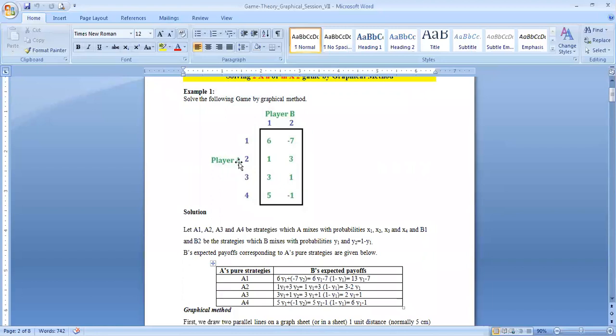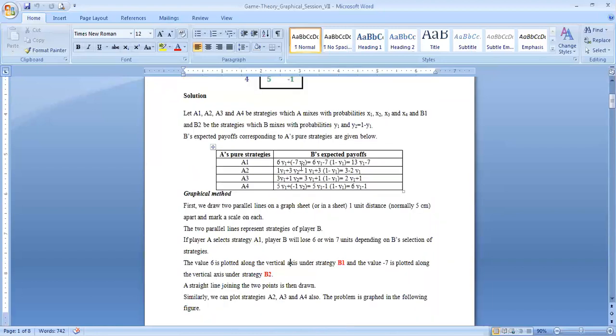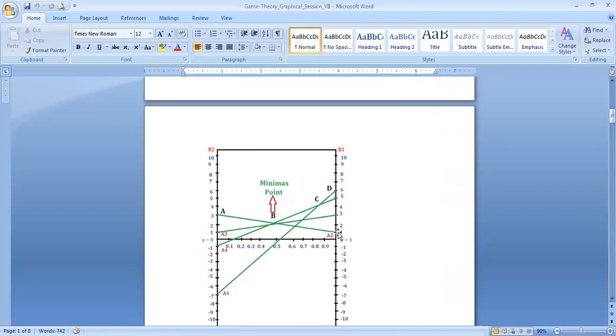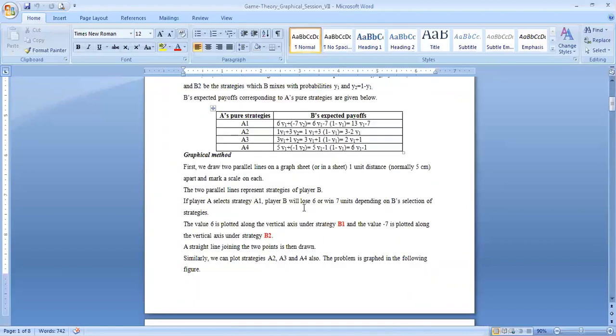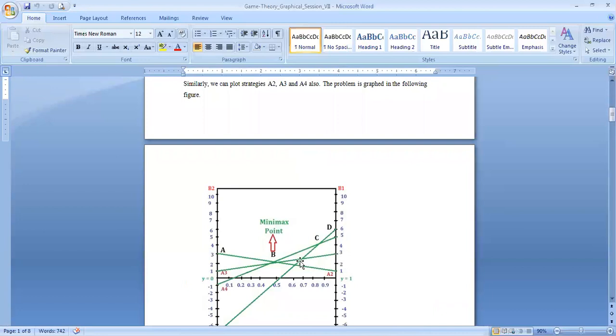Here it is A2: 1 on B1 and 3 on B2. Let us join these two points. Similarly, for the third strategy, it is 3 and 1. This line is drawn, joined, and indicated by A3.